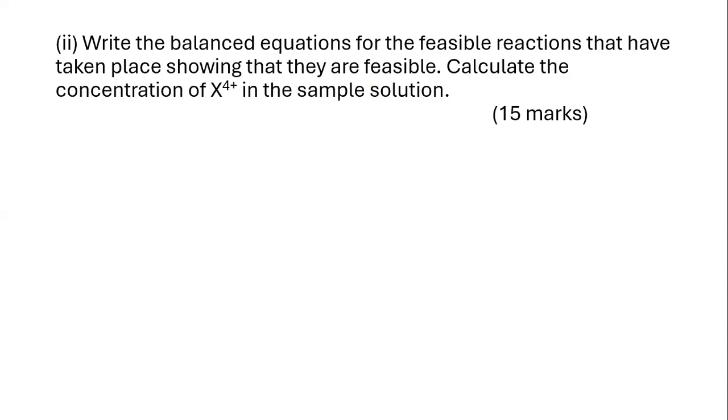Right. Then write the balanced equation for the feasible reaction that has taken place, showing that they are feasible. Calculate the concentration of X2 plus. So you have to write the balanced reactions taking place, showing that they are feasible.